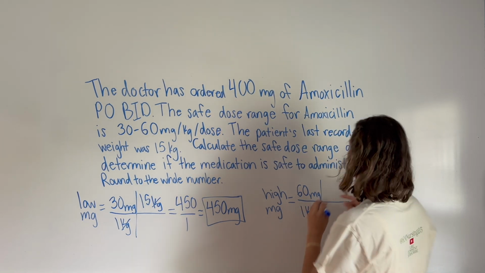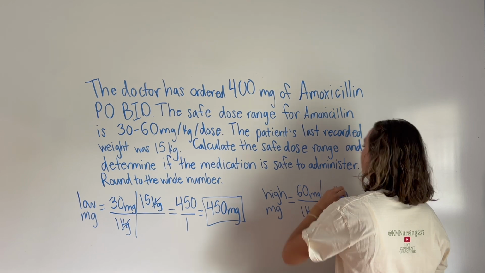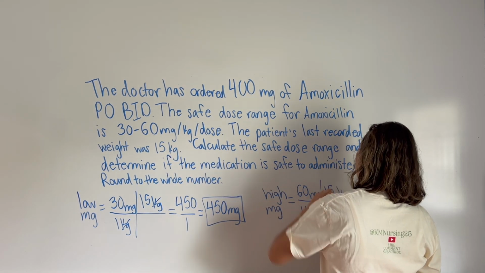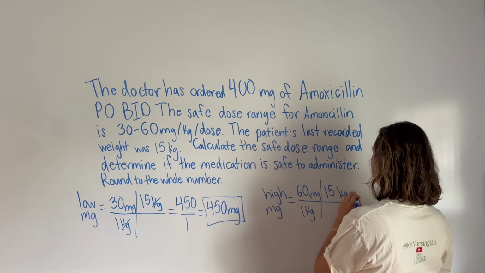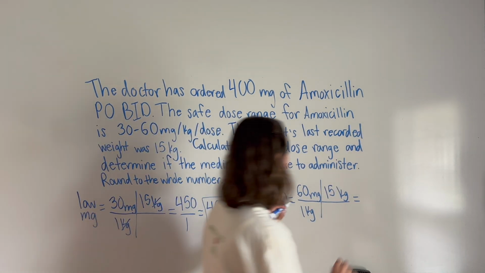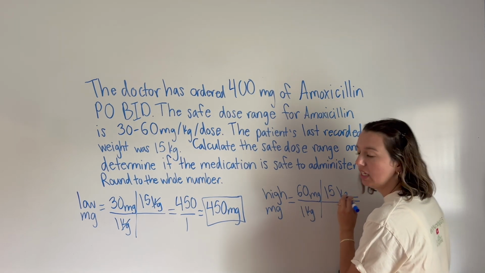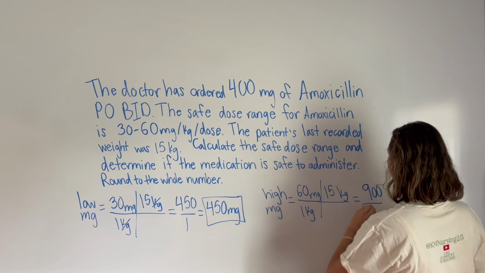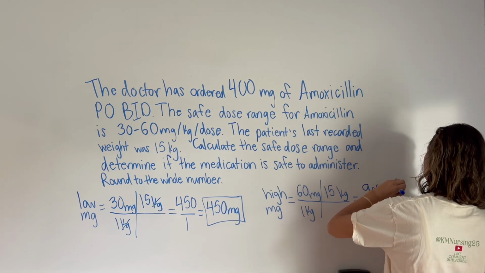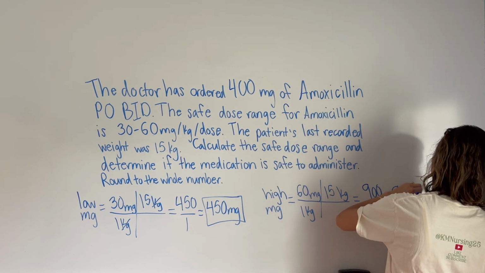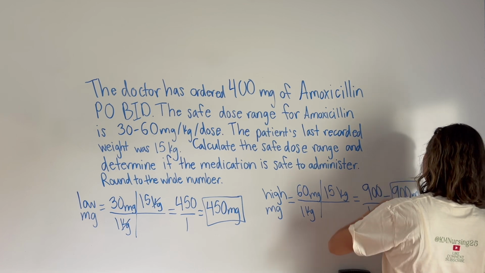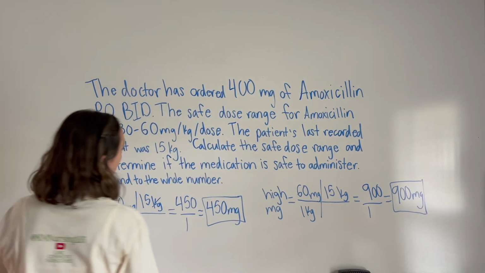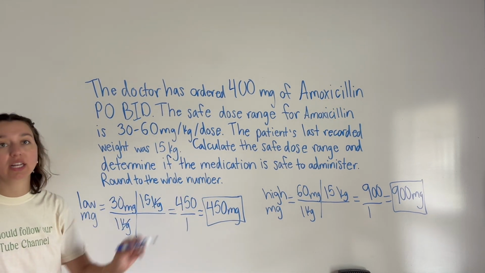And then when I'm looking for kilograms to be on the top here, I'm using my same weight, 15 kilograms. Then when I multiply 60 times 15, 60 times 15 is 900. And it's over 1, so we get 900 milligrams. So we have 450 milligrams and 900 milligrams.